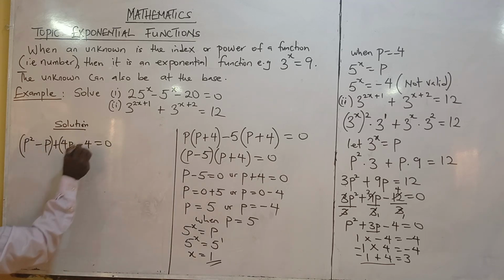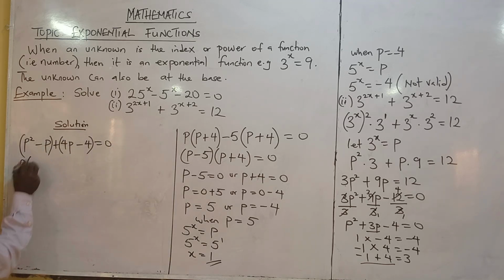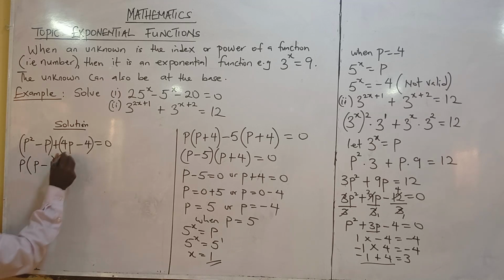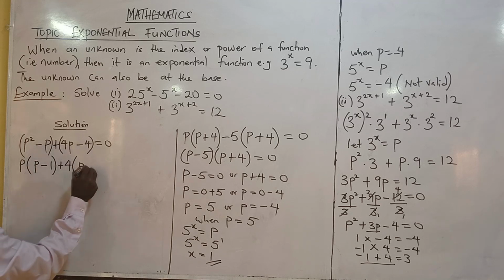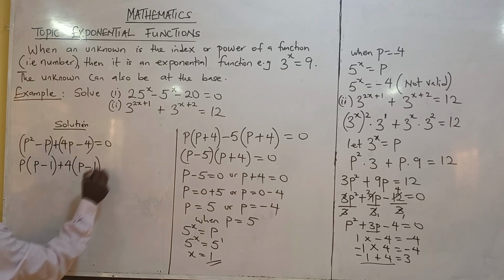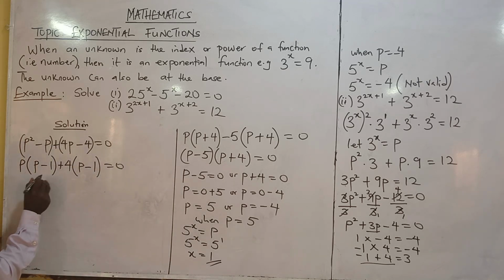Let's factorize. What's common? p into p, the main one, (p - 1), plus what's common? 4 into p, positive and negative is negative, -1 equals 0. Now, since you're having the same thing in the bracket, you pick one.